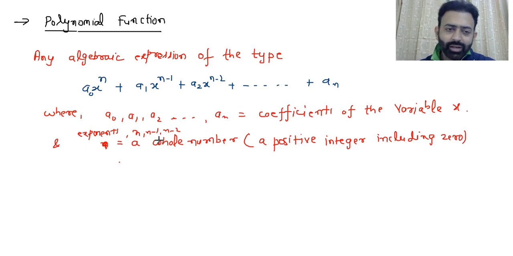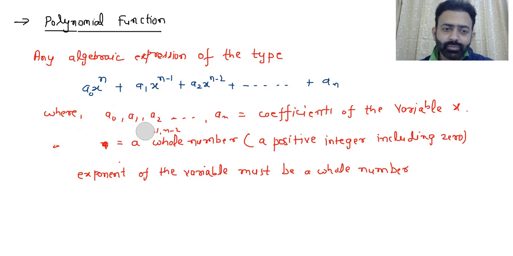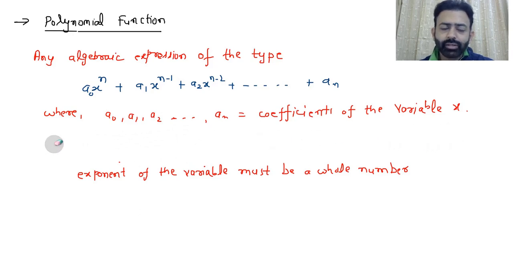So the condition for an algebraic expression to be a polynomial function is that the exponent of the variable must be a whole number. This will be the correct definition.